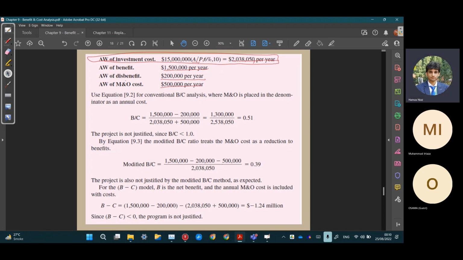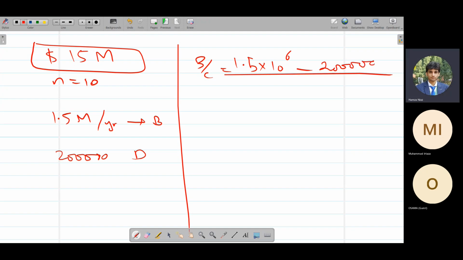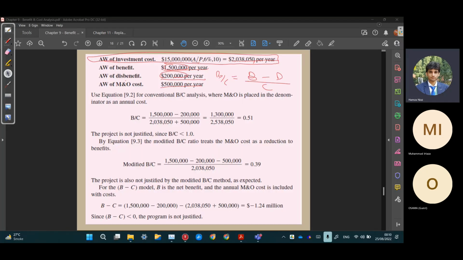So we know the B by C formula. B by C is B minus D over C. In this case, B is this 1.5 million and D is this 2 lakhs. So B by C would be 1.5 into 10 to the 6 minus 2 lakhs, divided by the cost. In the conventional B by C, the cost includes the initial investment and the annual operating cost.